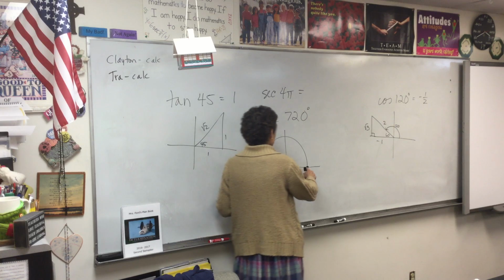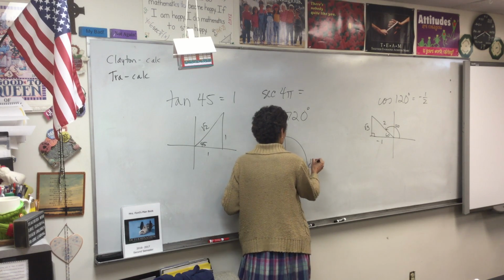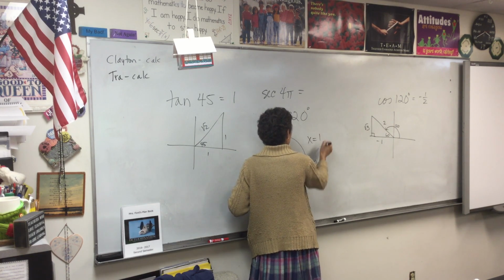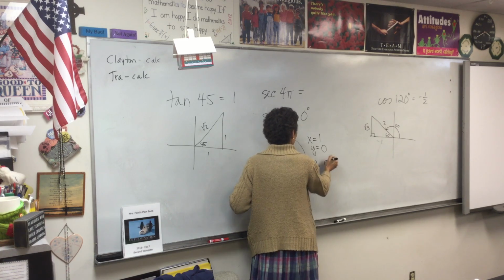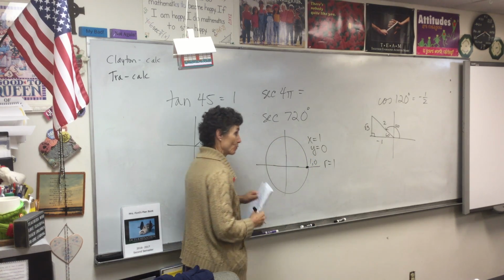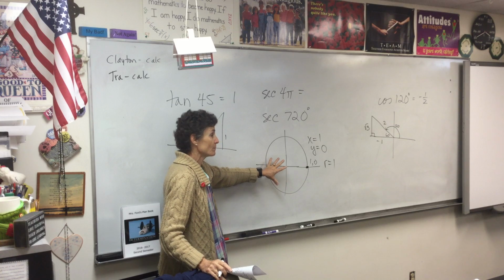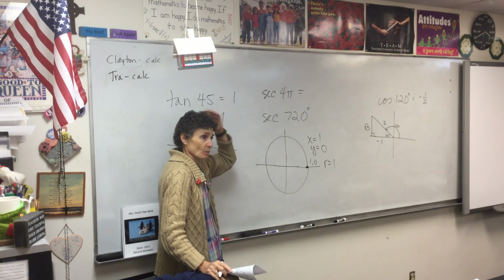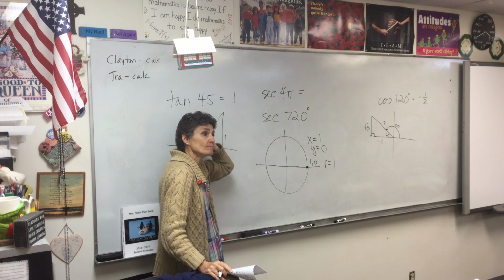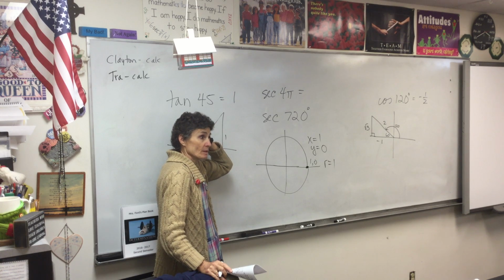So what are the coordinates of this point right here? 1, 0. So X is 1, Y is 0, and R is 1. The radius of that circle is 1. Secant, reciprocal of cosine.